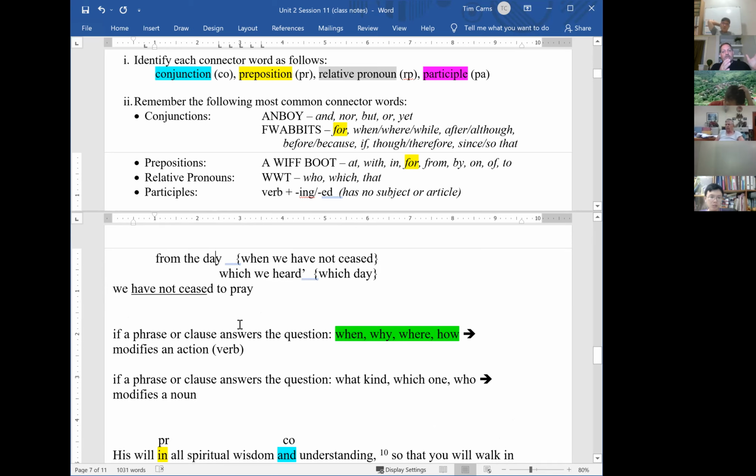It's identifying or specifying the particular day. Which day? The day which we heard. All right, so that's why it's modifying day, which is a noun. But from the day is answering the question when something happens. So that's why it's modifying the verb ceased.